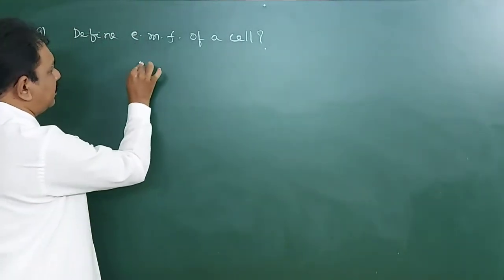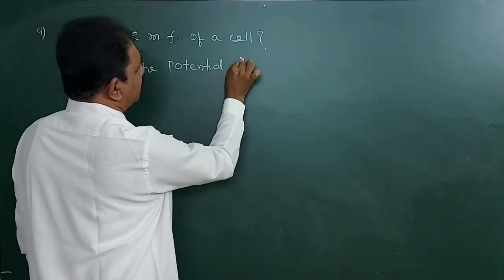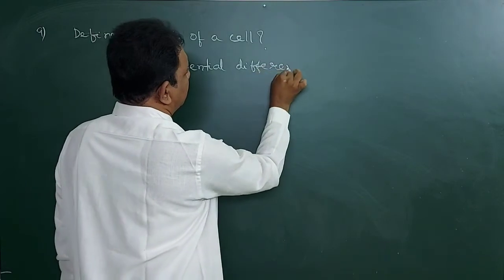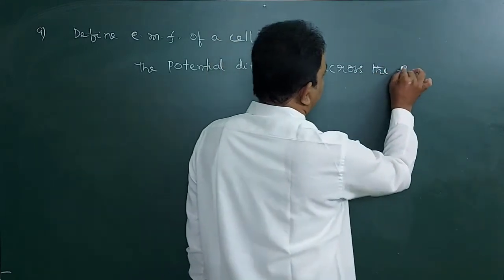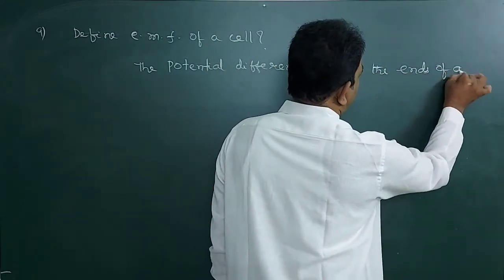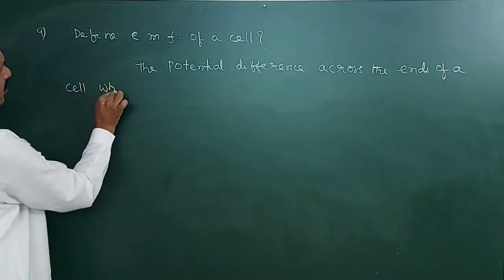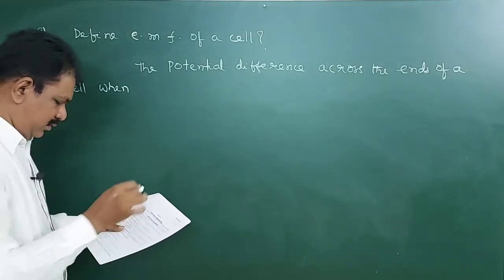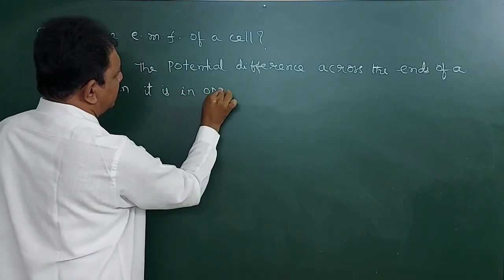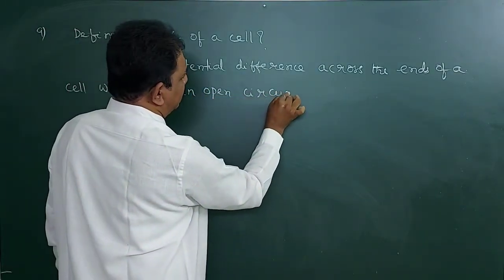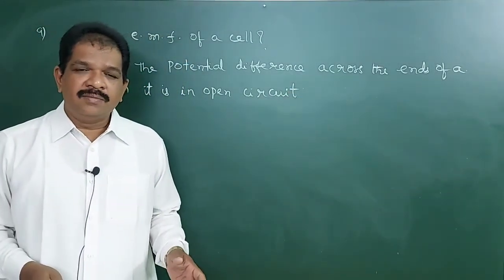The potential difference across the ends of a cell when it is in open circuit. Two or three definitions are possible for defining the EMF of a cell.